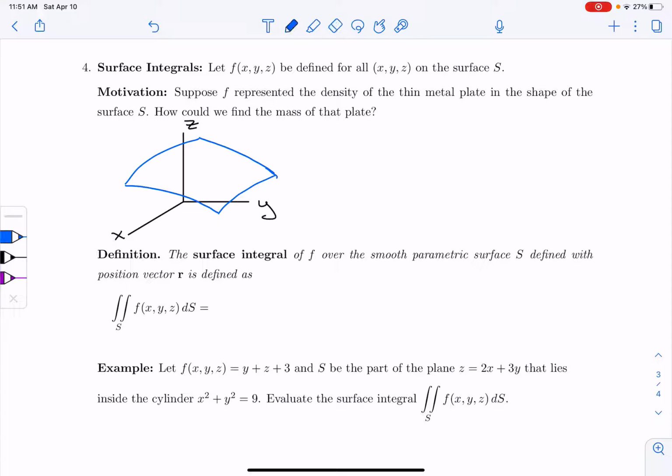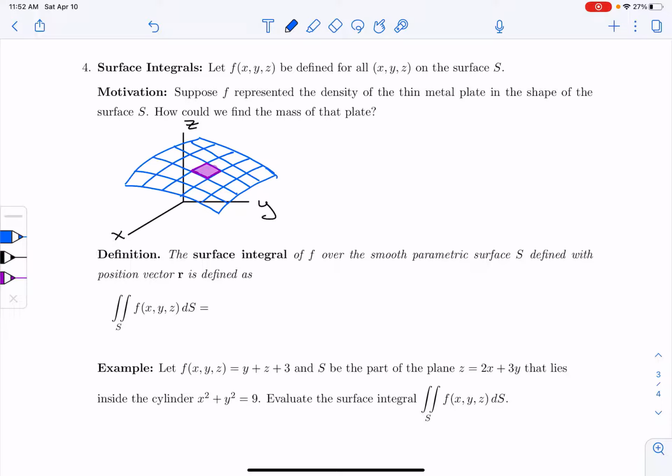Well, to find the mass of the plate, we could break up the surface into, again, smaller regions. And then we can find the mass within one of those regions. So say we were interested in the mass inside that region there.